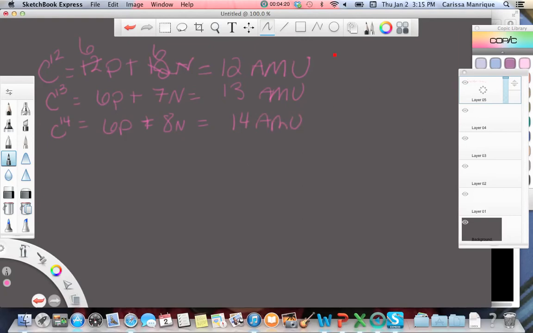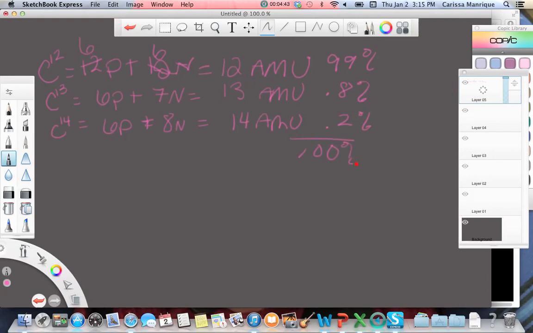Let's just make it easier. Let's say 99% of the carbon on Earth is carbon 12, and let's say we have 0.8% carbon 13 and 0.2% carbon 14. Together that's 100%.